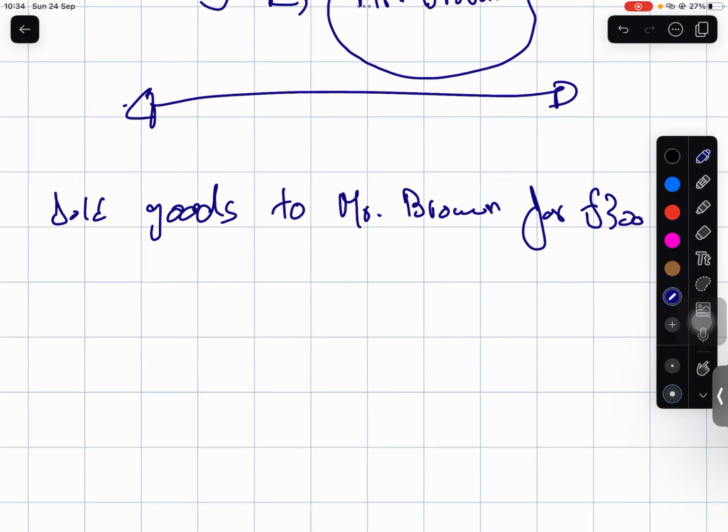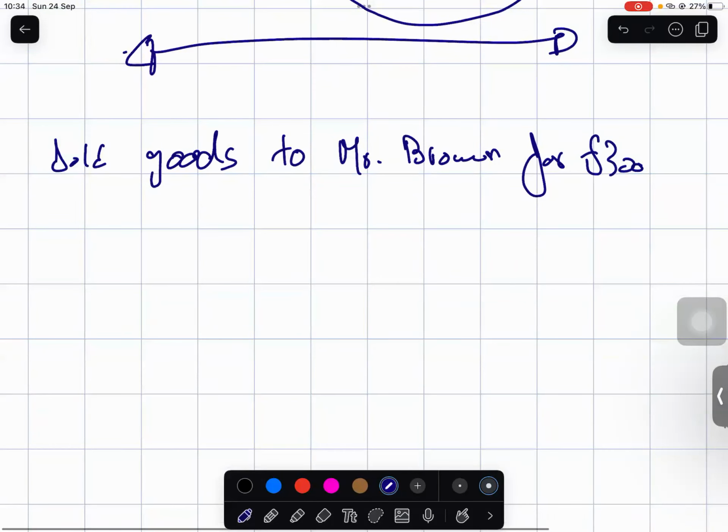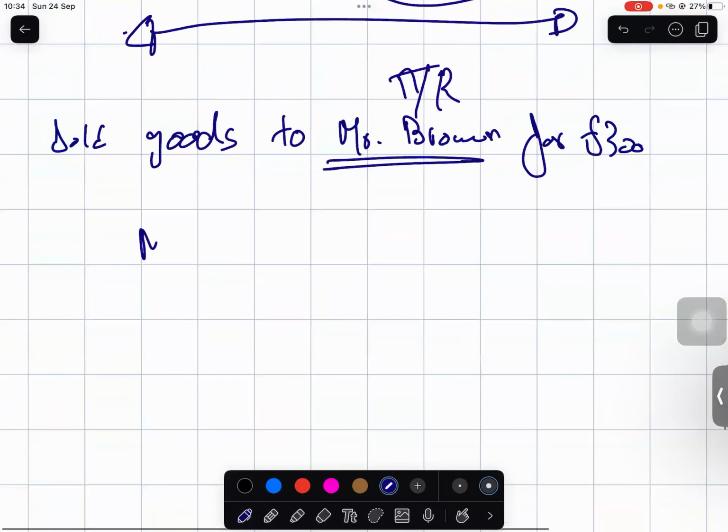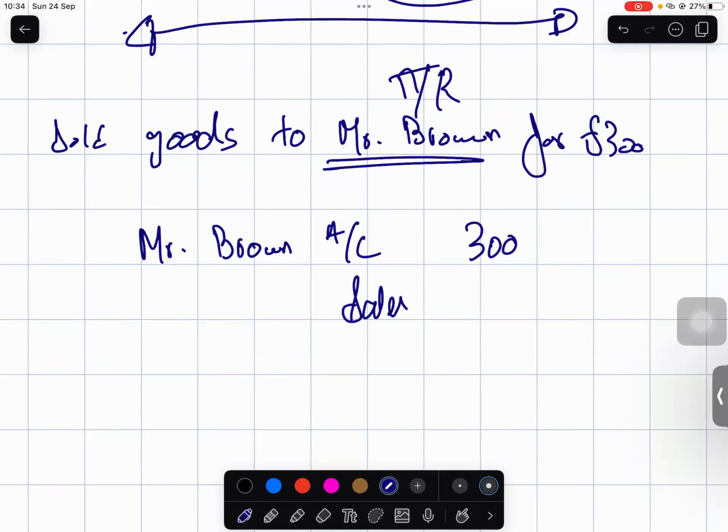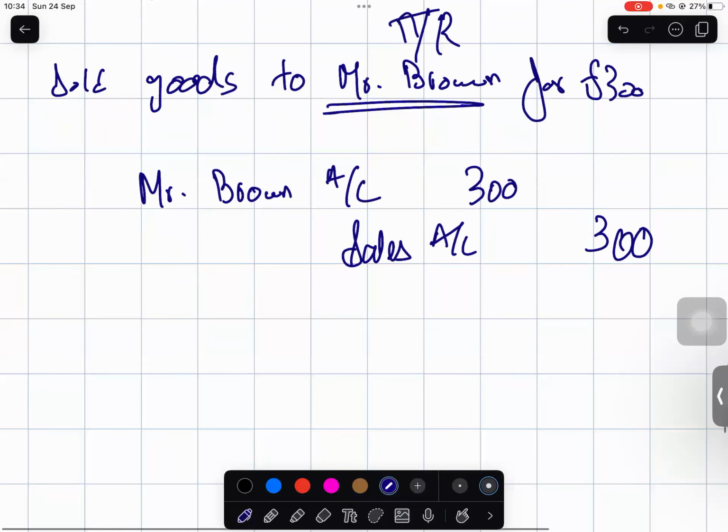In this case, the journal entry would be: Mr. Brown is your trade receivable or account receivable. So you will debit Mr. Brown's account by 300 and you will credit the sales account by 300. Does this make sense?